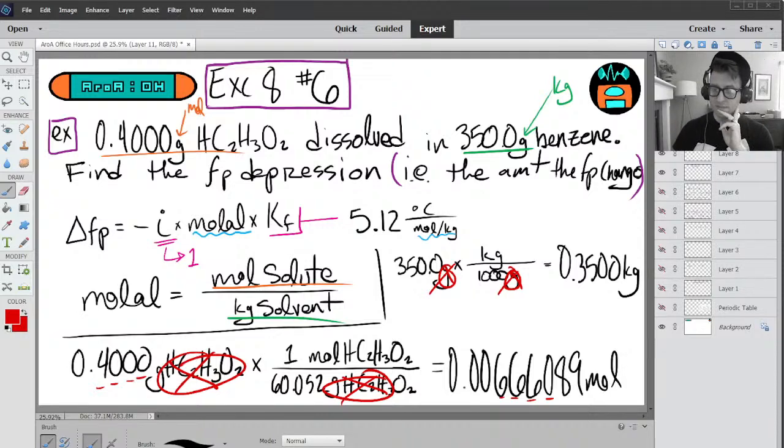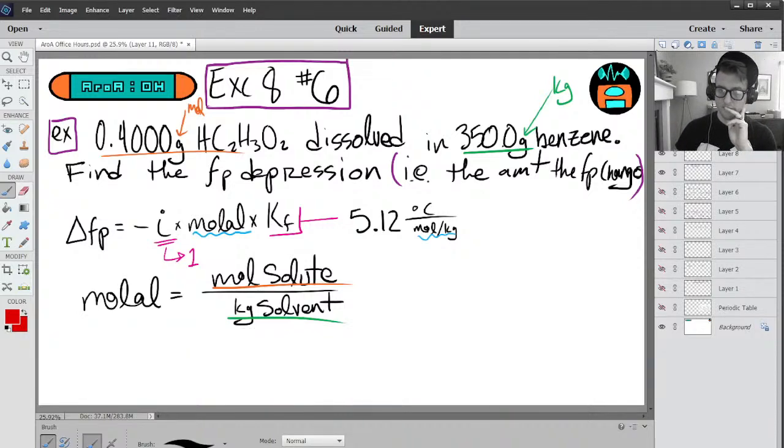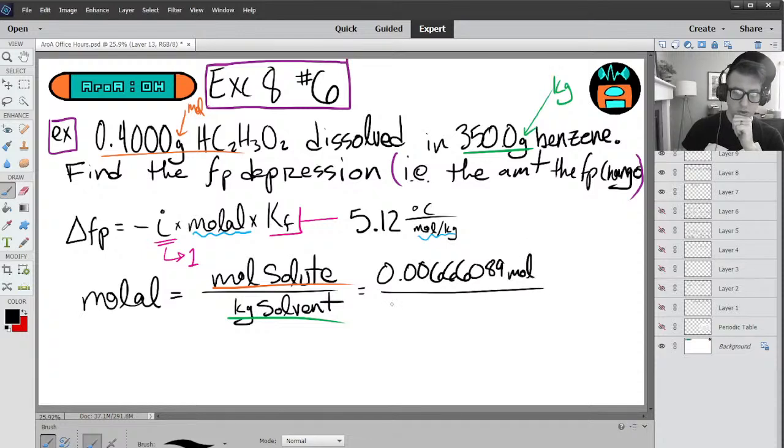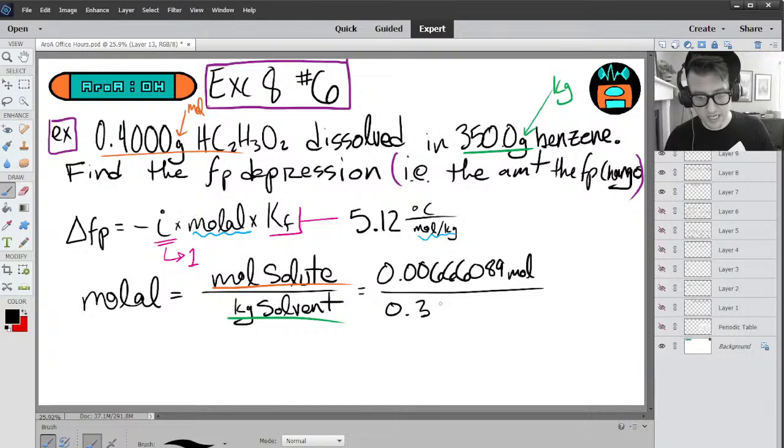So molality is equal to moles of solute, 0.00666089 moles over 0.3500 kilograms.